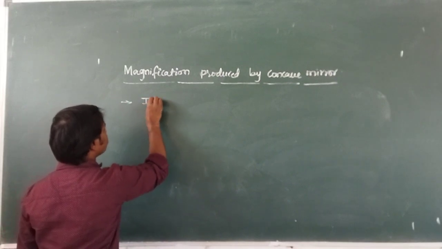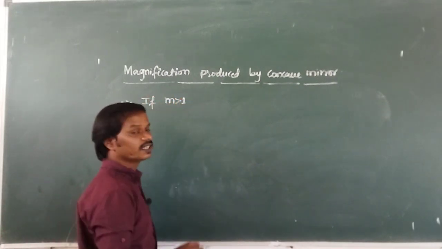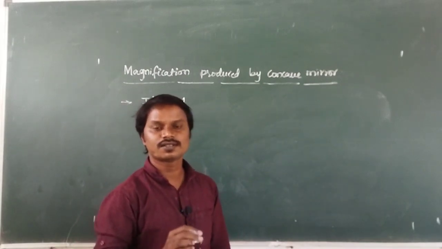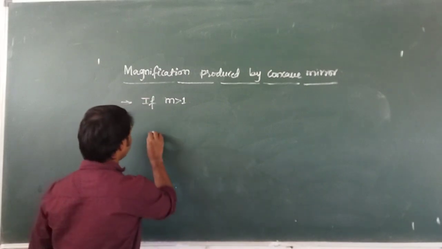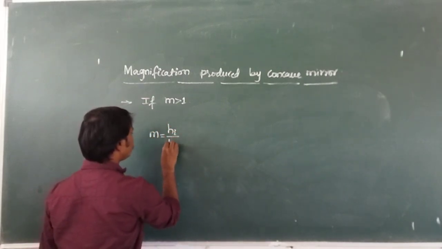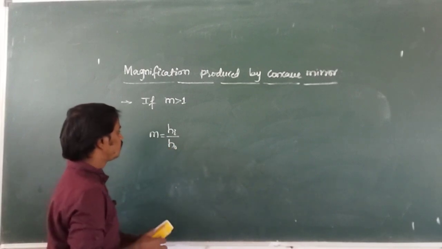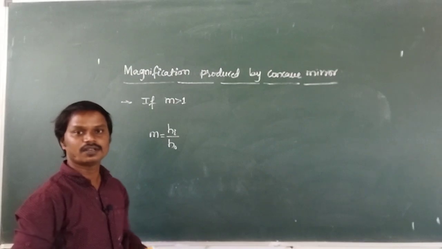If magnification is greater than 1, so when is the magnification greater than 1? We already know the formula for magnification: magnification is the height of the image to the height of the object. Here HI stands for height of the image, HO stands for height of the object.